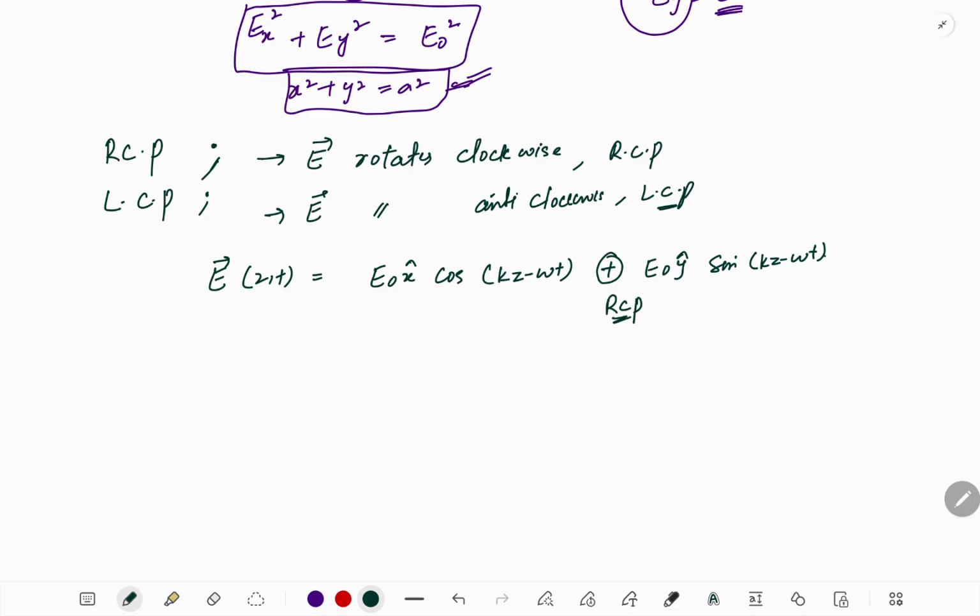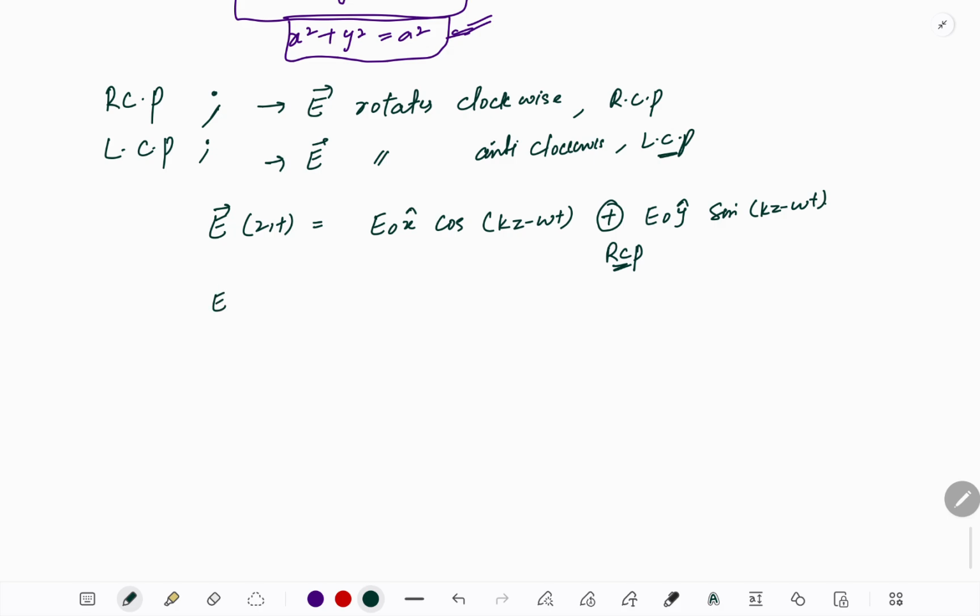I'll give you the proof why it is right circular. And if there is a minus sign, E naught x cap cos of kz minus omega t minus E naught y cap sine of kz minus omega t, here is a negative sign, so left circular polarization. Why? I'll explain it in a minute.